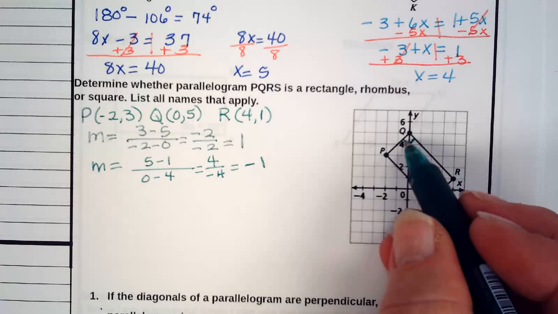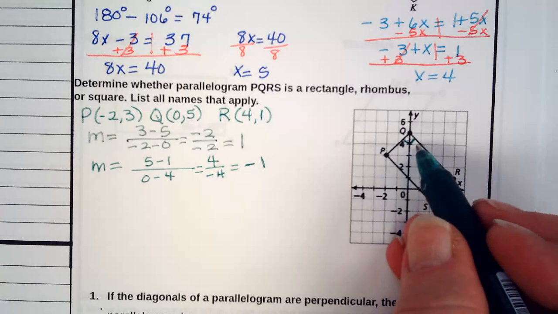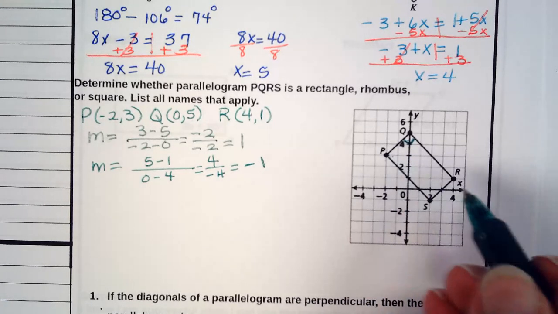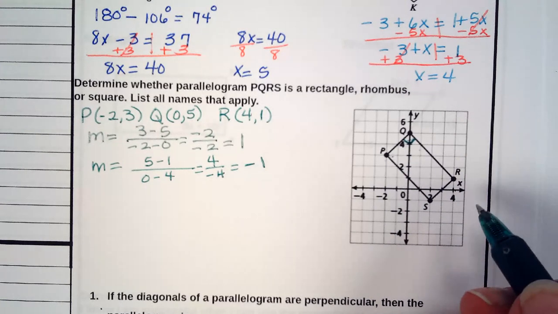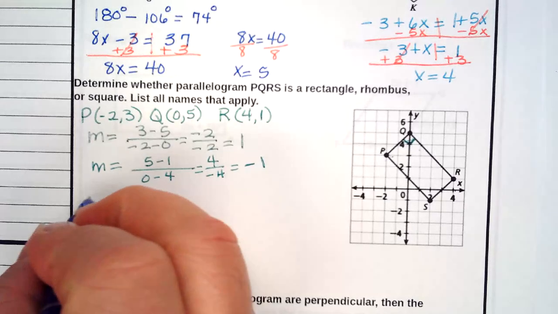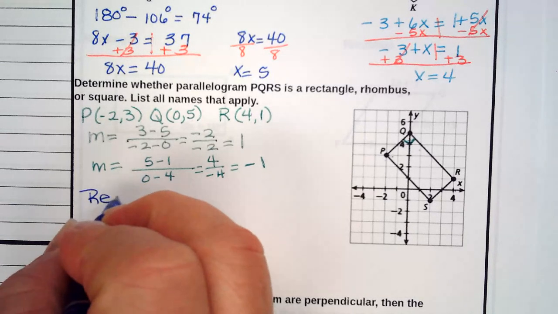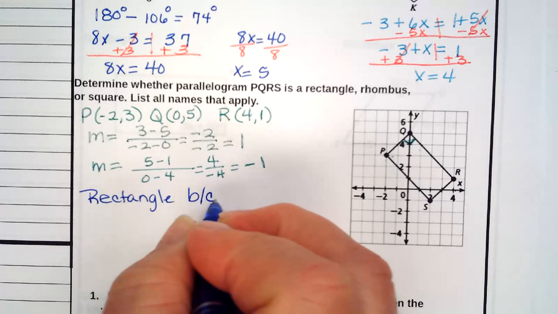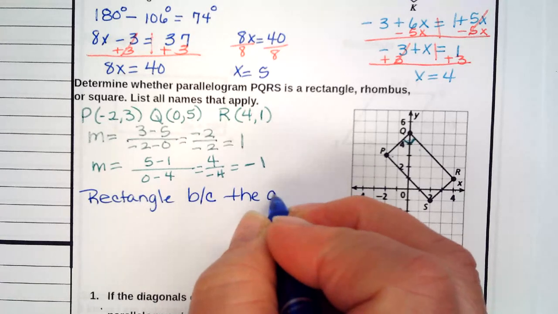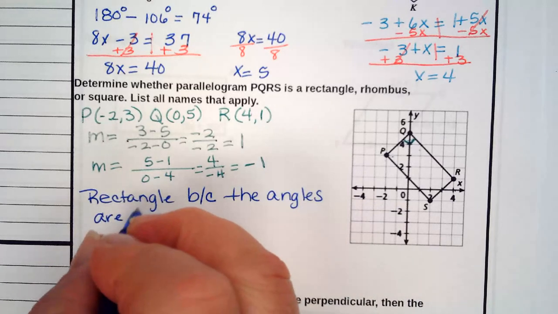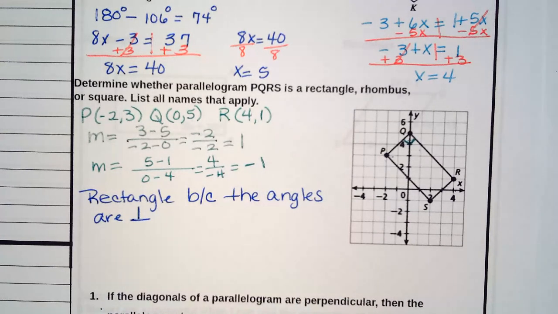Well, these two add up to 180 degrees because they have to be supplementary. So this one has to be 90. These two also have to be supplementary. So we know that I've got 90-degree angles all the way around. And they are perpendicular. That's how I know they're 90 degrees.